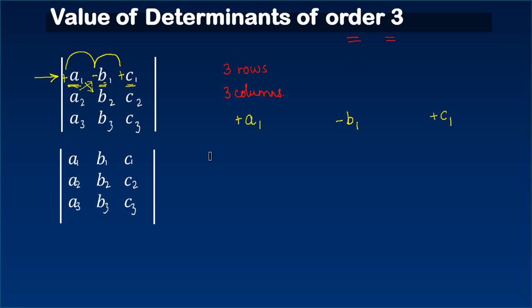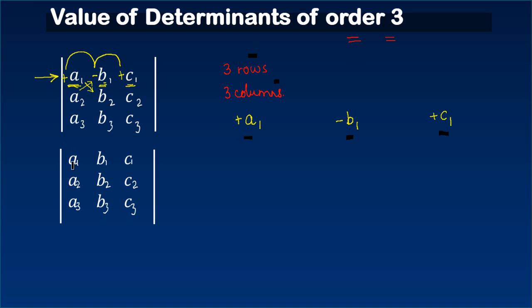Whichever element we are considering out of these 3, we take the determinant as it is and remove the row and the column in which this element falls.